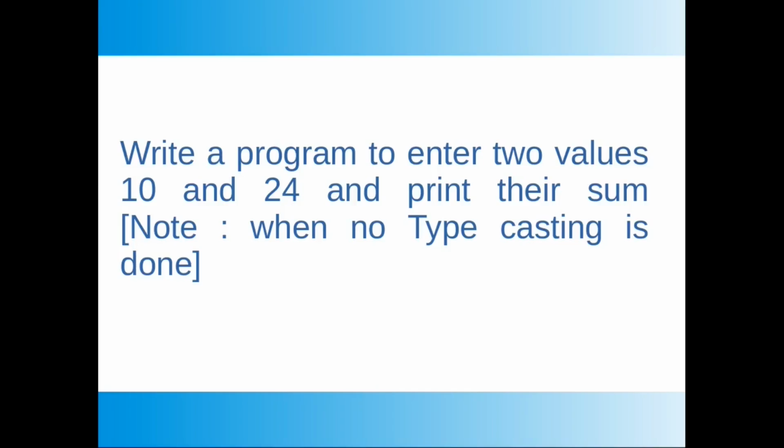Now let's move on to write a program where we will enter two values 10 and 24 and print their sum. In this program we will not use typecasting, and we will see what the output will be and why it happens.